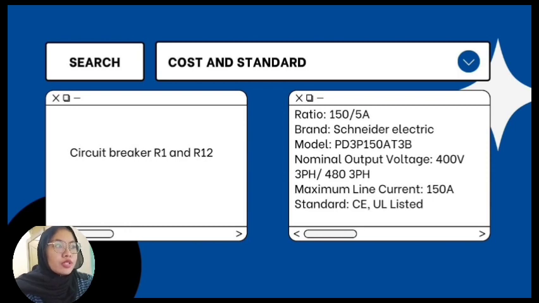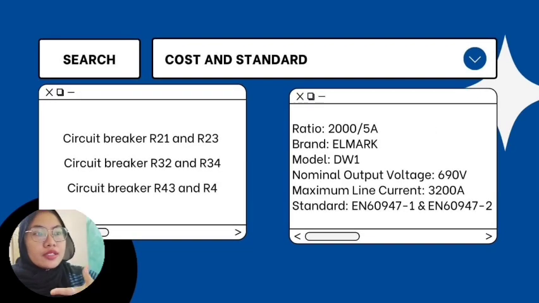It is from the brand Schneider Electric. Then the model is PD3P150A T3B, and the nominal output voltage for this circuit breaker is 400 volt, and its maximum line current is 150 ampere, and the standard for this circuit breaker is CE and UL listed.